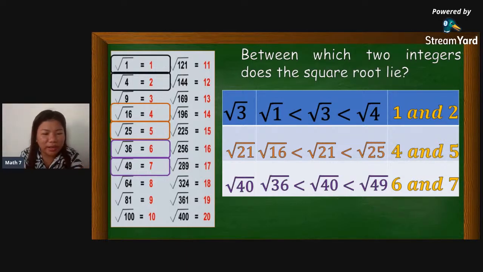Kung nakopya nyo yung kahapon, masasagot nyo yan. Square root of 300.